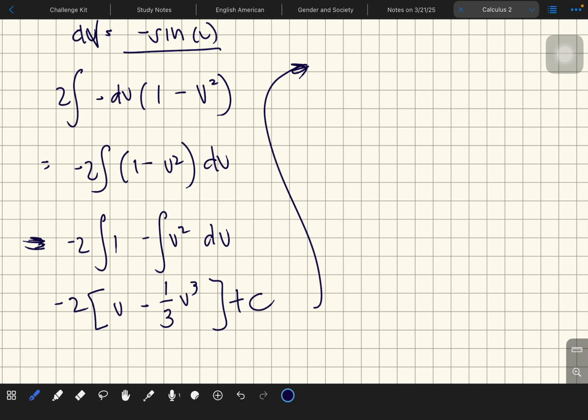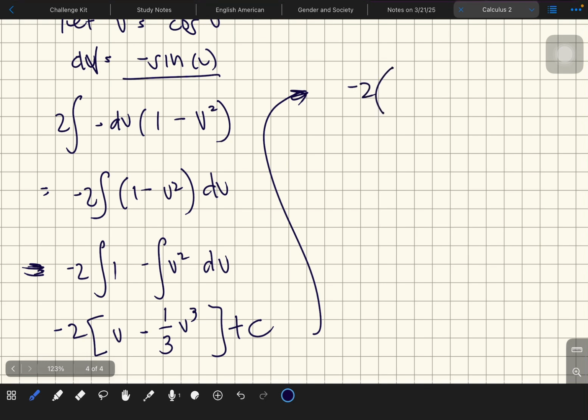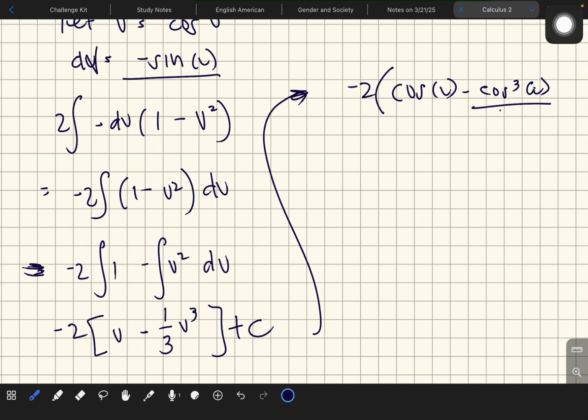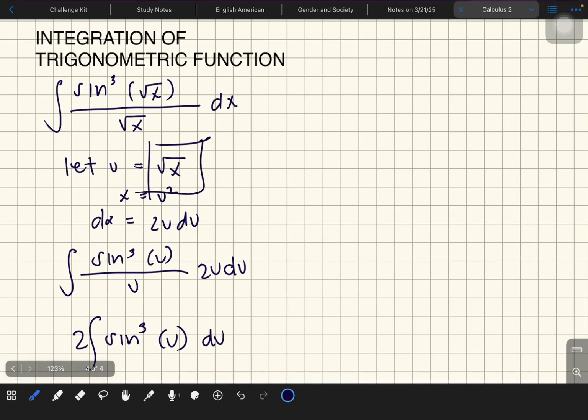Now, substitute back the cosine u. So this will become negative 2 cosine u minus cosine cubed u over 3 plus c. And then substitute back u equal to square root of x, because our u is square root of x.